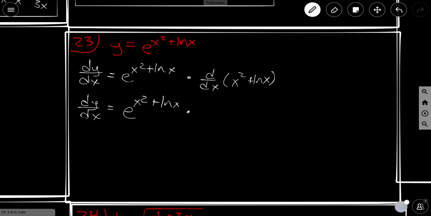So that's going to give us 2x plus 1 over x.